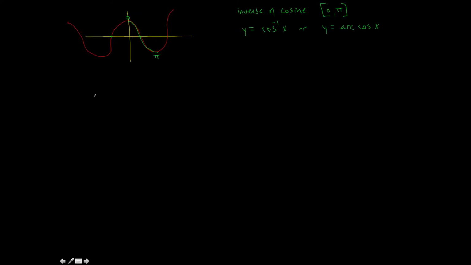So this would be equivalent to, again, just like with sine, the cosine of y equals x for all the y in this interval. Alright, so the inverse cosine of x is the number or angle y when cosine is x. Okay? What angle gives you a cosine of x?